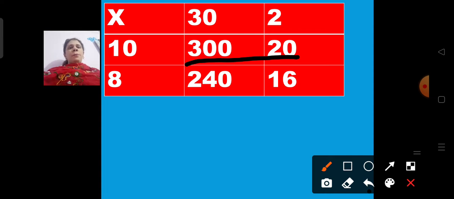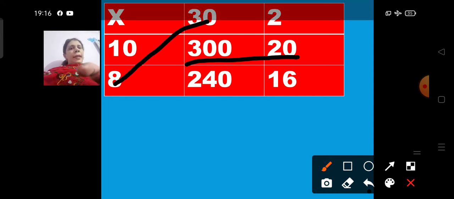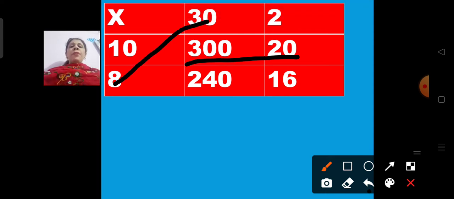Now we are going to multiply 30 into 8. We don't know the 30 table, correct? So we will multiply 3 8s. 3 1s are 3, 3 2s are 6, 3 3s are 9, 3 4s are 12, 3 5s are 15, 3 6s are 18, 3 7s are 21 and 3 8s are 24. Then in 30 how many zeros are there? 1. So we will write that 0 next to 24.